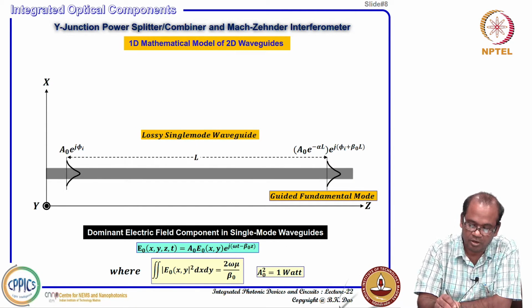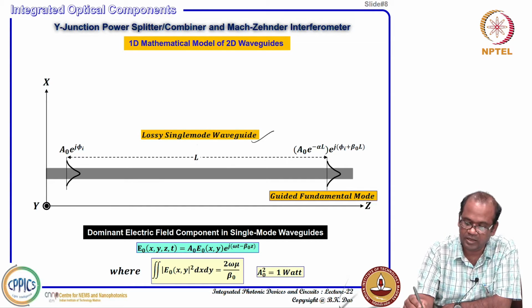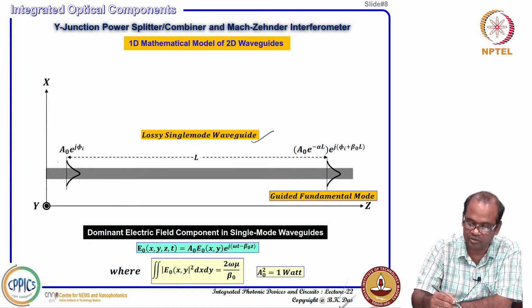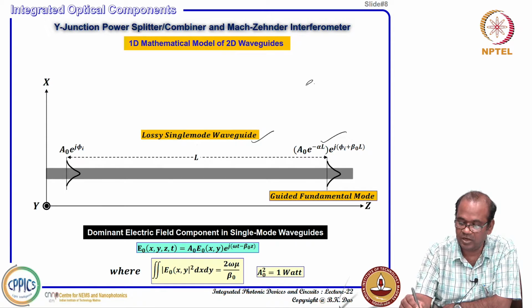So, a lossy single mode waveguide. If this is the case, we already discussed earlier, if there is a loss, the electromagnetic wave will be exponentially decaying. So, e to the power minus alpha x, where alpha is represented in Nepers per meter in SI unit.